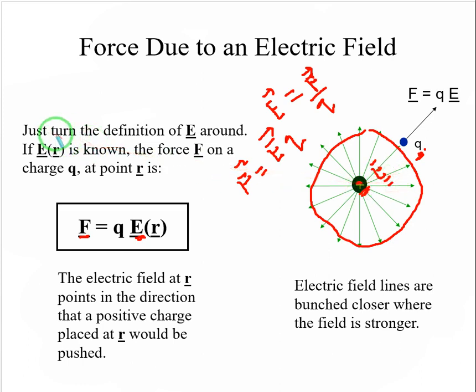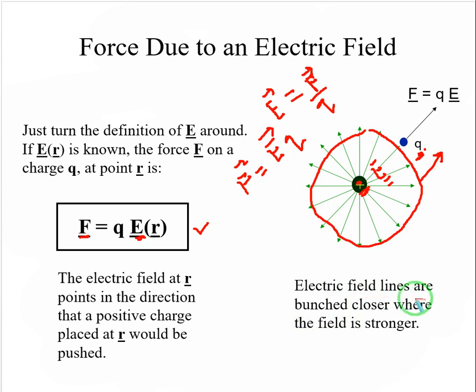Following the definition of electric field, if the electric field is known, the force F on the charge Q at a point R is this, and this will be the definition. The electric field at point R, in the direction that a positive charge placed at R would move, is positive, so the direction will be in this way.